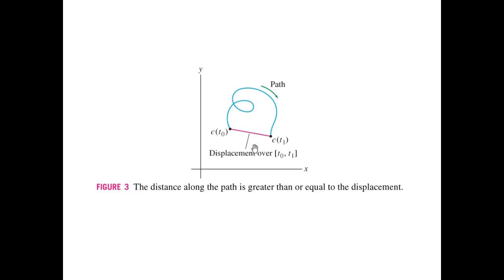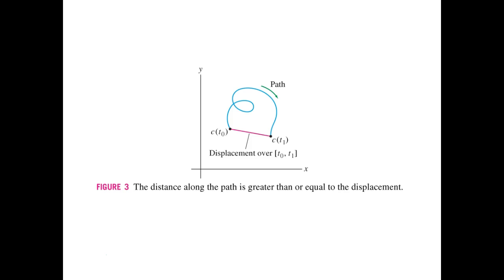Now, if you're going from this point to that point, if you're following some curve, pathway, C of t, it can go anywhere. This one has you going like this. Certainly the distance traveled is much further than your displacement.